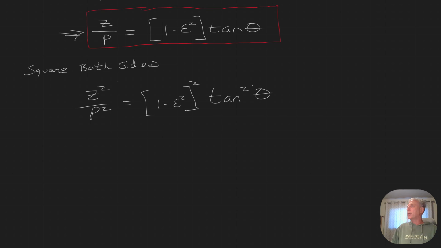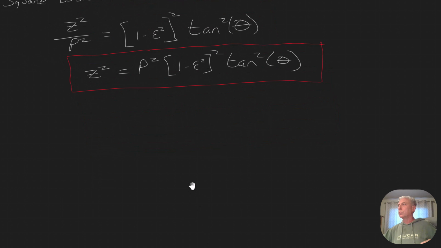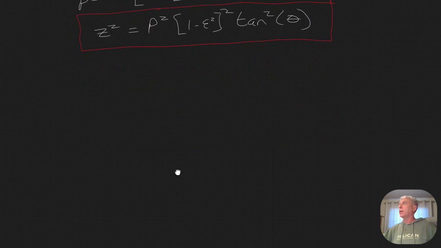Just squared both sides. Should use my parentheses, right? And then we get z squared equals p squared times 1 minus epsilon squared squared times tan squared of phi. Okay, so now we have something else to work with. Whenever we work to solve these terms, you can bet we're going to substitute somewhere coming up, right? I'm going to keep that handy.